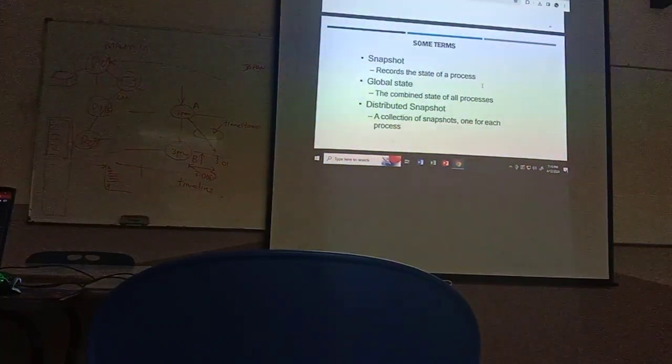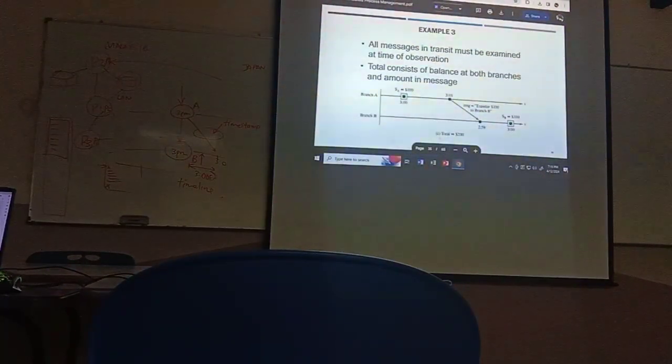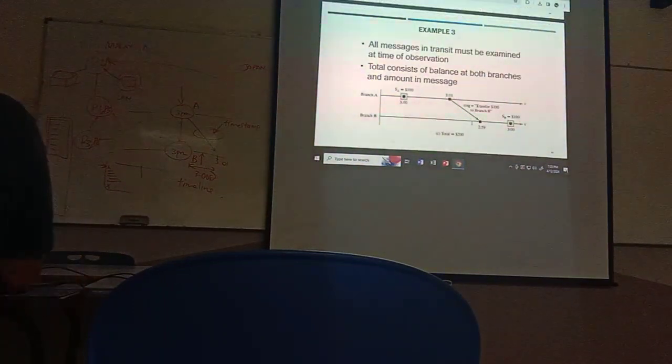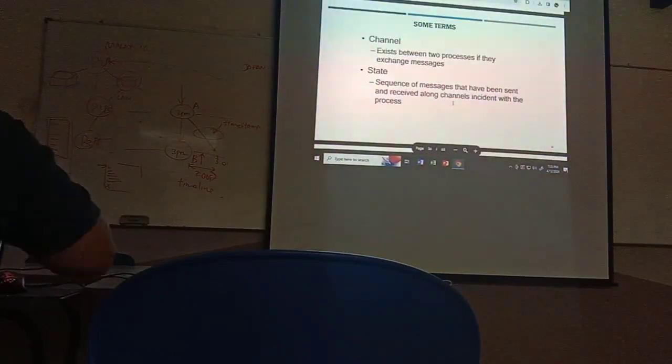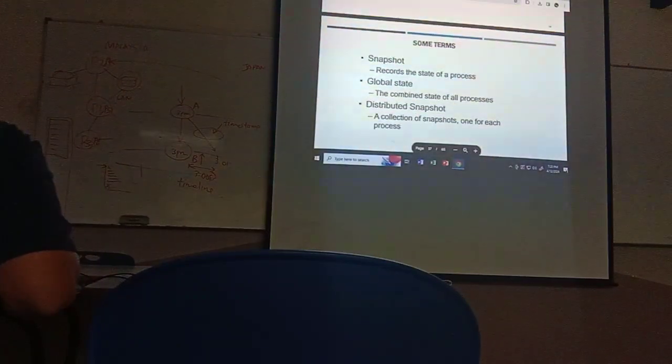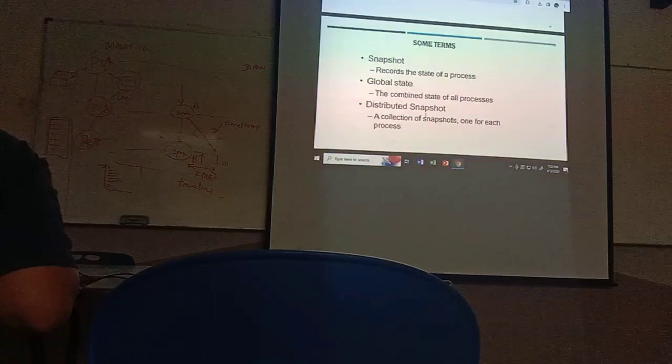Instead of you having 100 ringgit in your balance but being able to retrieve 200, like just now. If you don't take into account all this timestamp information, you allow the customer to withdraw more money than he has. So here we use snapshot and distributed snapshot in order to overcome that.